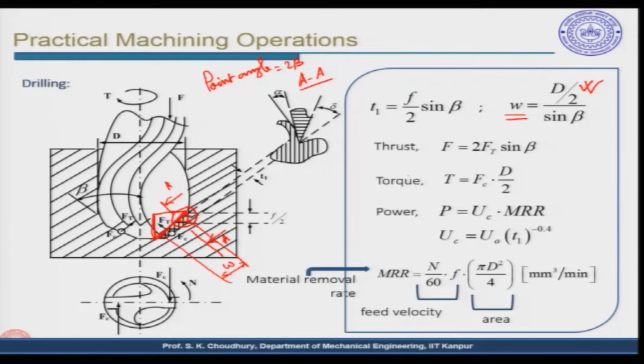Now, the thrust force and the torque and the power can be measured like this, that is, the thrust force is 2 into Ft. Ft goes in here. I will remove this because otherwise it will not be visible. Now, these are the 2 teeth. Ft will be perpendicular to this and towards the center, towards the axis.